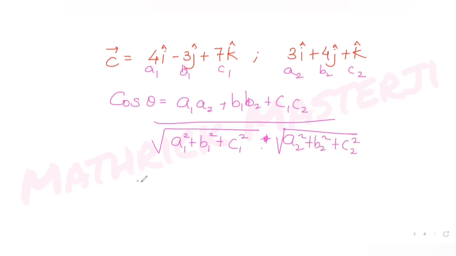So from here, I get 4 into 3, which is 12, plus -3 into 4, which is -12, plus 7 into 1, which is 7.